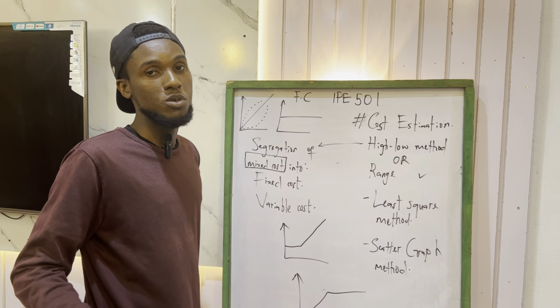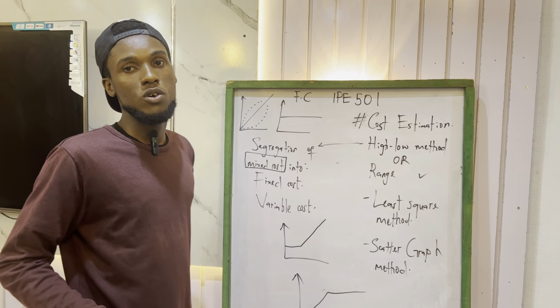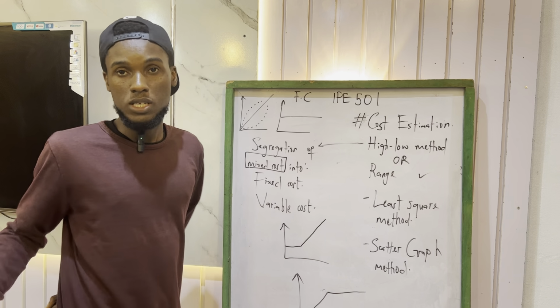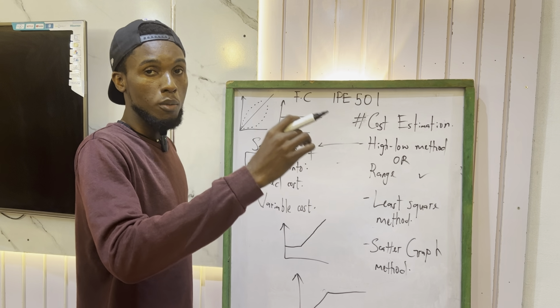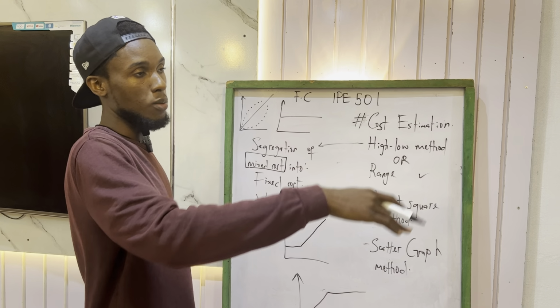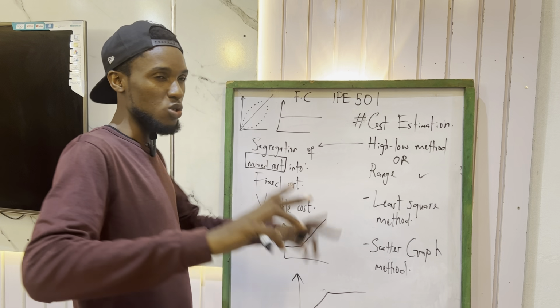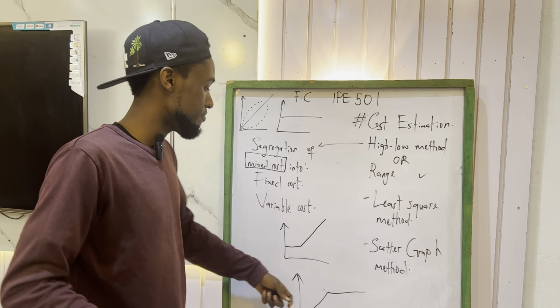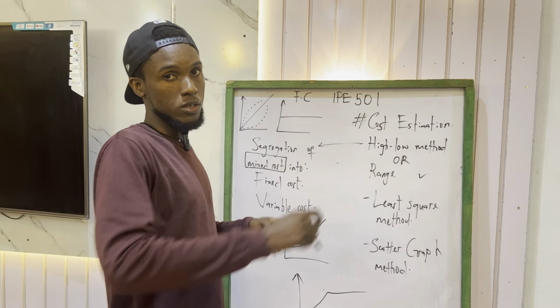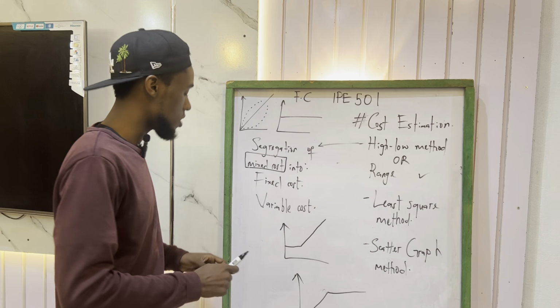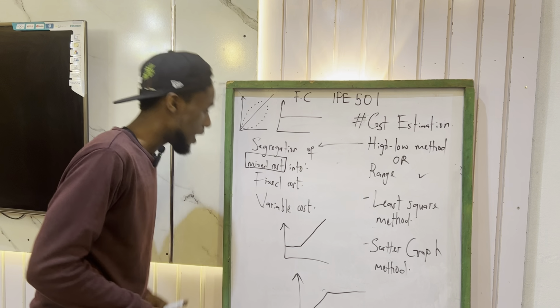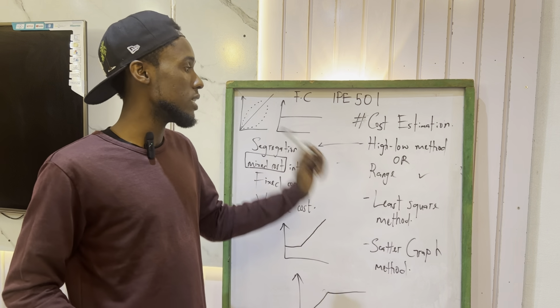A good example would be acceleration. As you accelerate, you get to a particular point and then it becomes normal, like the taking off of an aeroplane. It accelerates, then it gets to cruise mode. So that's the concept behind mixed cost and ultimately behind the high-low method.